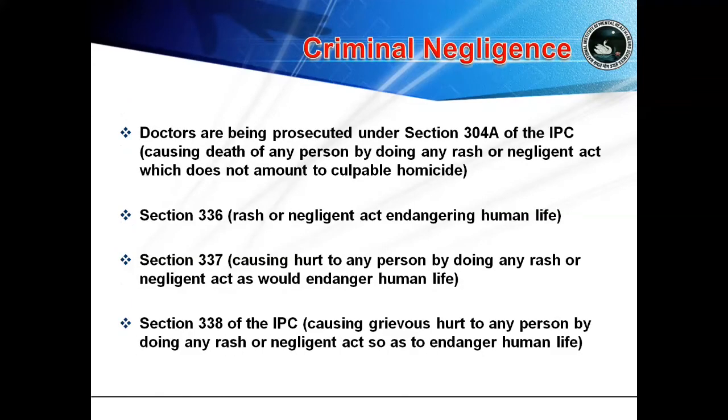Coming to criminal negligence, basically, the patient's family feels the patient died because of negligence. So Section 304A can be pressed against the doctor, and basically gross negligence should be there. That means because of the rash and negligent act of the doctor, a person's death was caused.